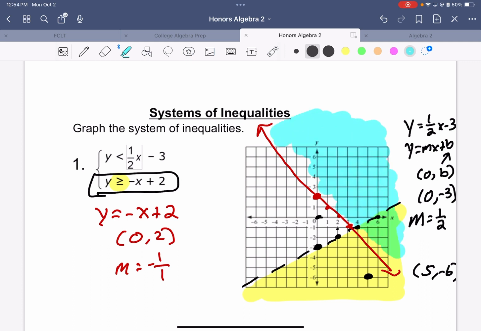Greater means above. So there's my shading above of that one. Now my solutions are going to be the region that has been shaded twice. So all of my solutions for both of these inequalities are the points within that shaded region.